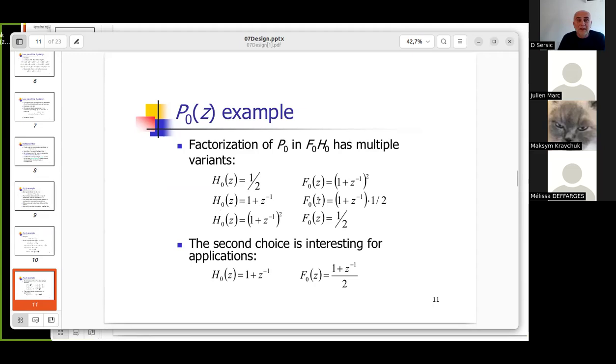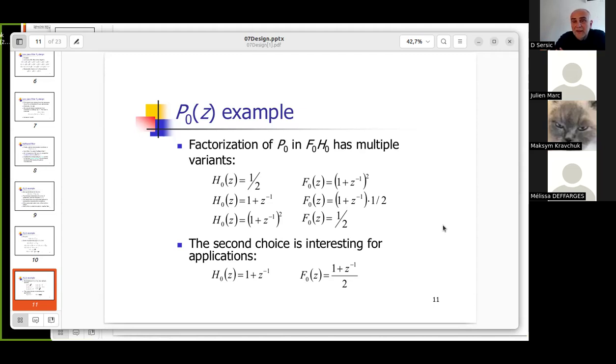Or let's say the second choice is a little bit better, more useful. As I have already said, you put one member of that binomial on the left-hand side and one on the right-hand side. You can choose whether to put 1/2 to the right or to the left.